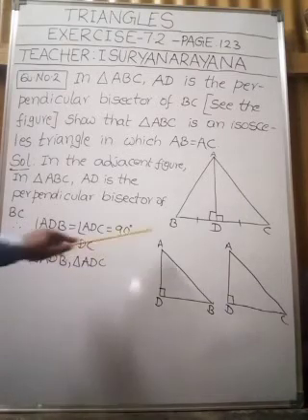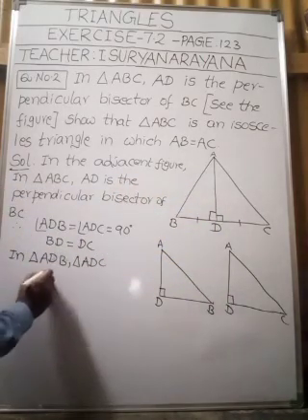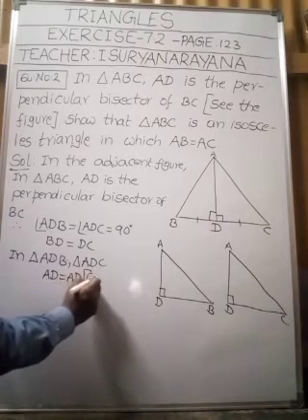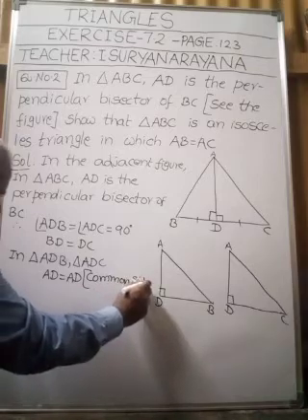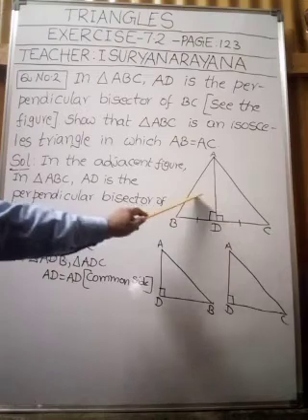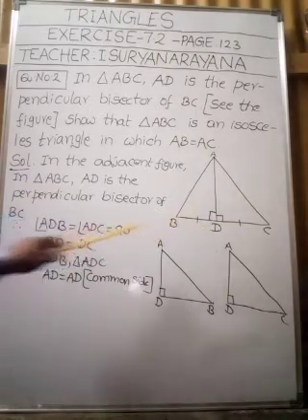Okay, my children. Here AD is a common side. AD is equal to AD. Observe this figure, my children. This is a common side to these two triangles. Isn't it or not? Next, BD is equal to DC.